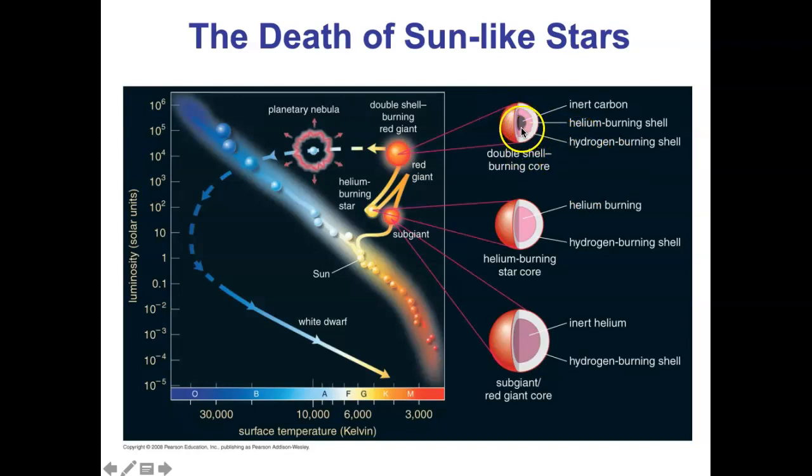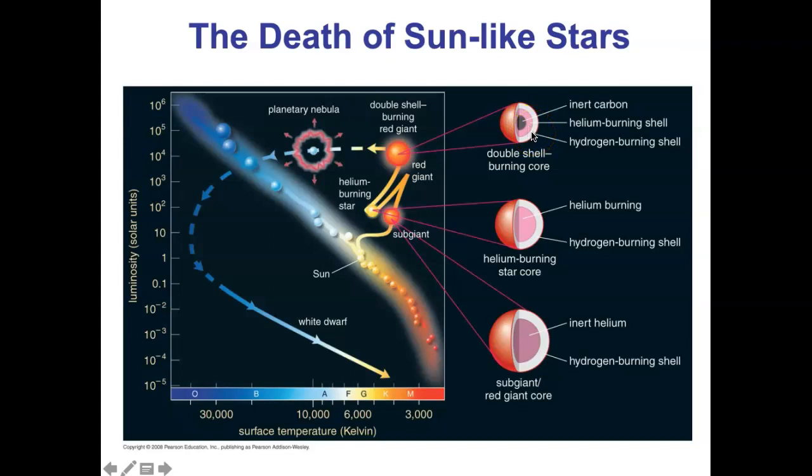So this is usually what's called double shell burning, where you've got this contracting carbon core. Gravity's winning. Gravity is pulling the carbon in, which heats up the helium to start fusing, which heats up the hydrogen to start fusing.